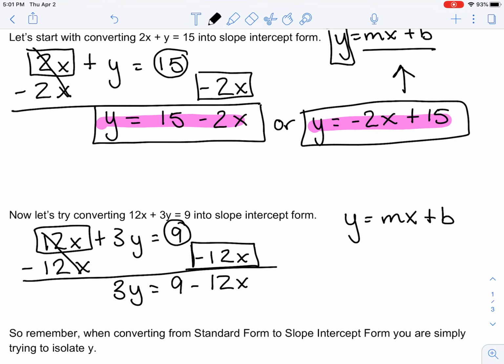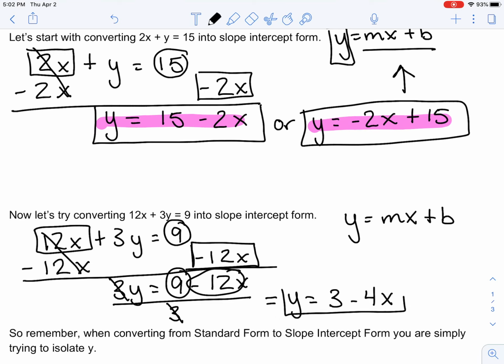Notice, y is not alone yet. It's still being multiplied by 3. So we have one final step here. We have to divide the entire equation by 3. The 3 will cancel out, and we'll be left with y equals 3 minus 4x. Because remember, we have to divide the 9 and the negative 12x by 3 as well.